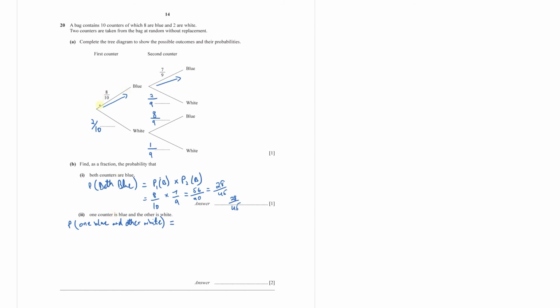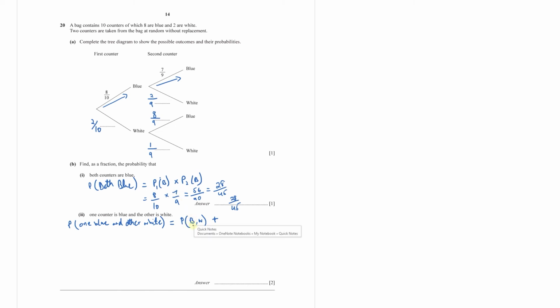You pick the blue one the first time and a white one on the second turn, so blue white, or you pick the white one the first time and a blue one the second time. So this would be equal to the probability of getting blue and white, or the probability of, oh sorry, let me erase this.